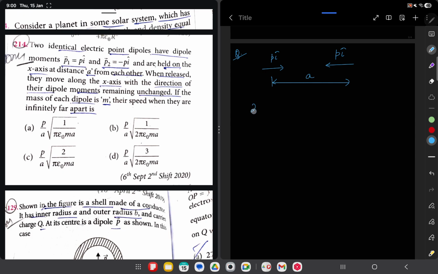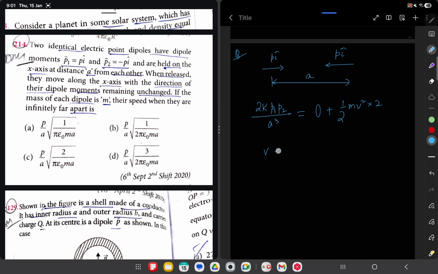The potential energy for this arrangement we did in our class lecture, 2k p1 p2 by r cube. This is the initial potential energy, and the final potential energy, as they are infinitely far apart, will be 0 plus half m v square into 2.